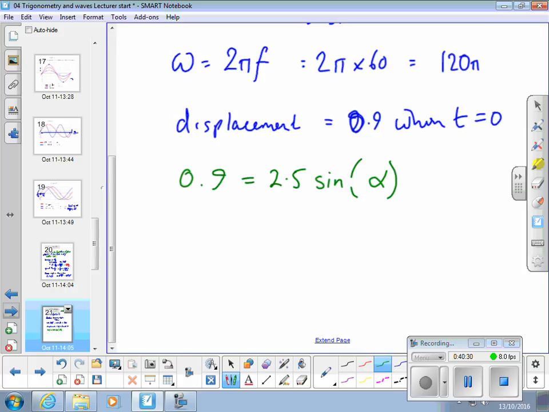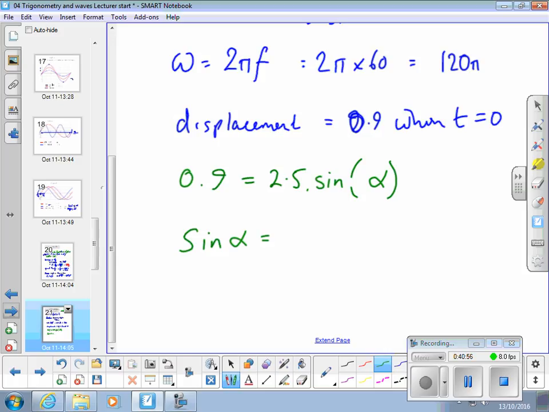How do I rearrange that so I've got alpha on its own? Or even the sine of alpha on its own? Take away 2.5. How is the 2.5 attached to the sine of alpha? By multiplication, isn't it?